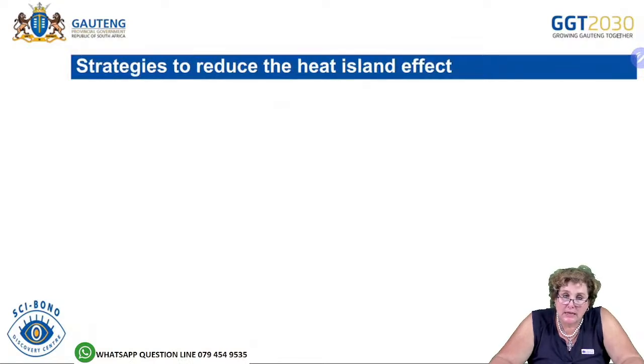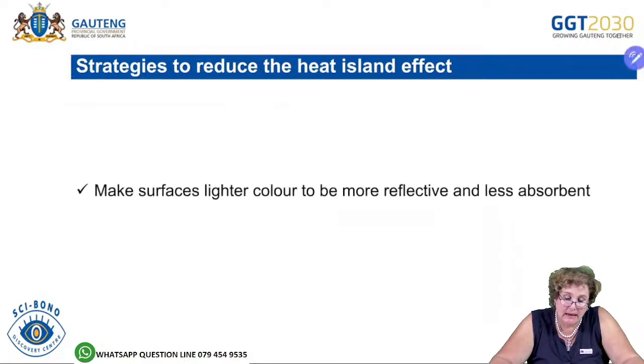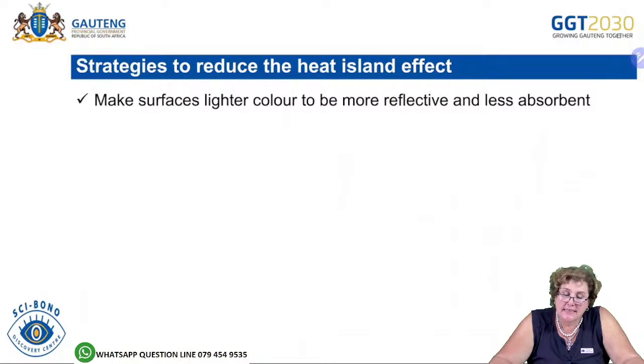Now the question is, how can we help, or with which strategies can we come up so that we can reduce this heat island effect? We can start by making surfaces lighter colors to be more reflective and less absorbent. It must not absorb the heat, it must reflect it back.